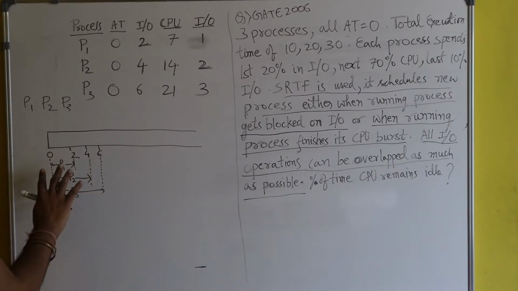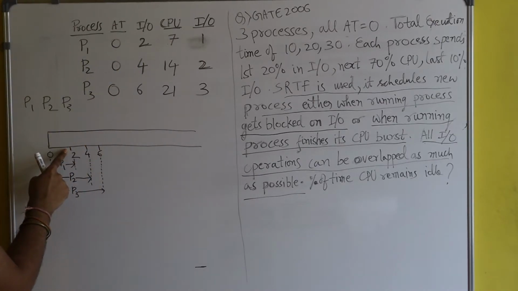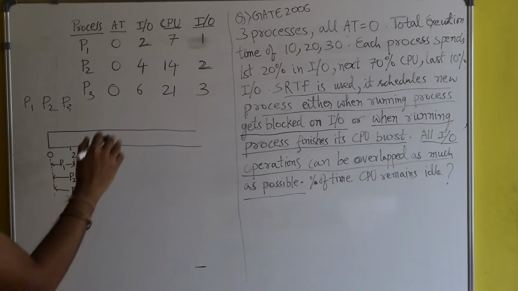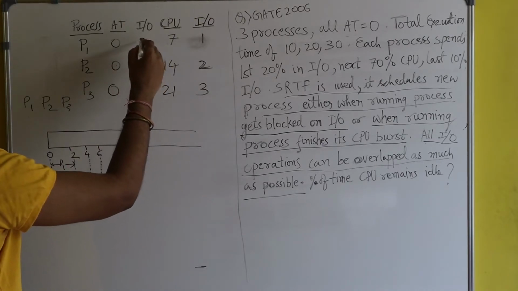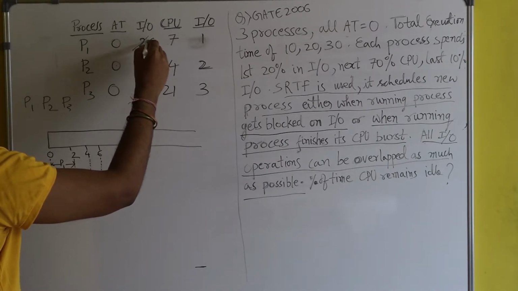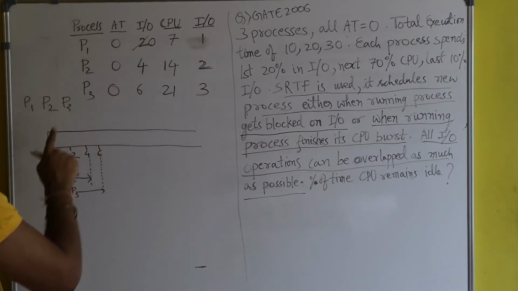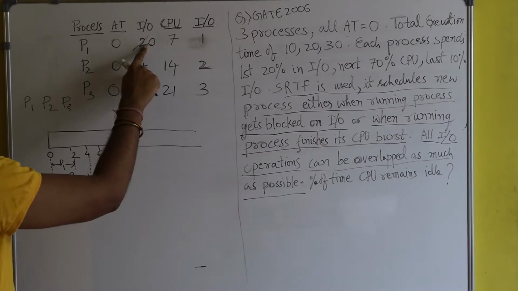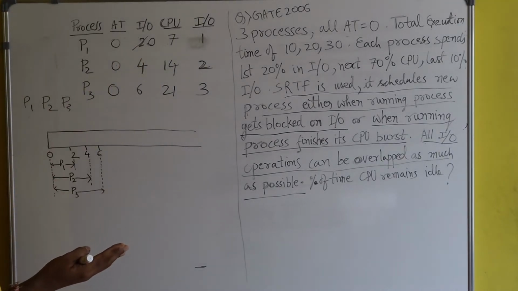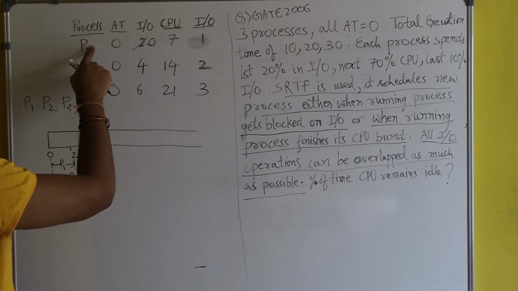Now here you see, P1 has completed its IO of 2 seconds, so after the completion of its IO at 2 seconds, here I just make it 0. It means no more time is remaining for the first IO of P1.